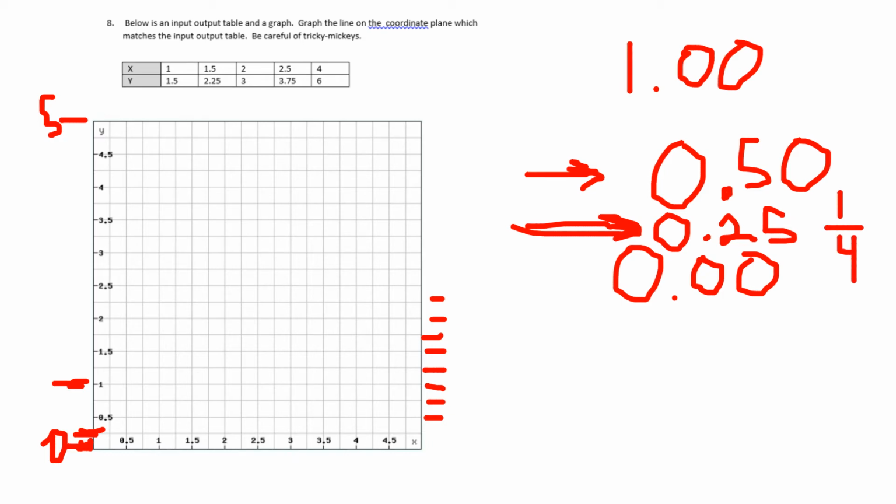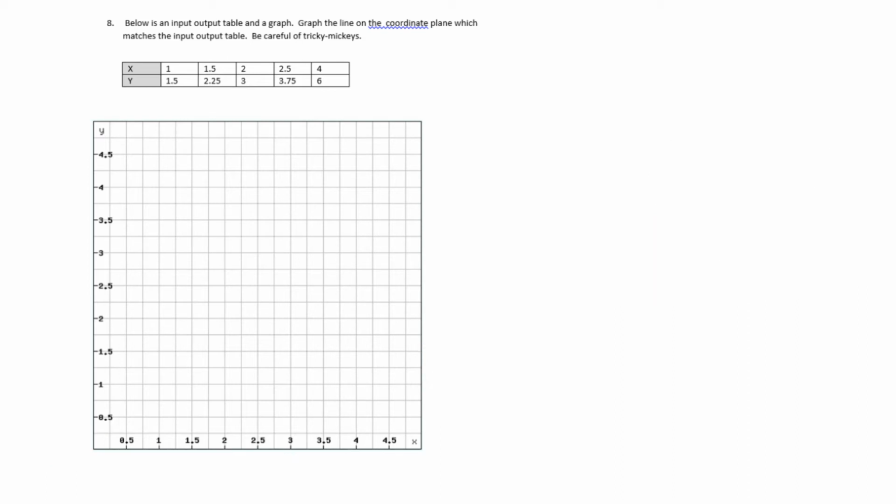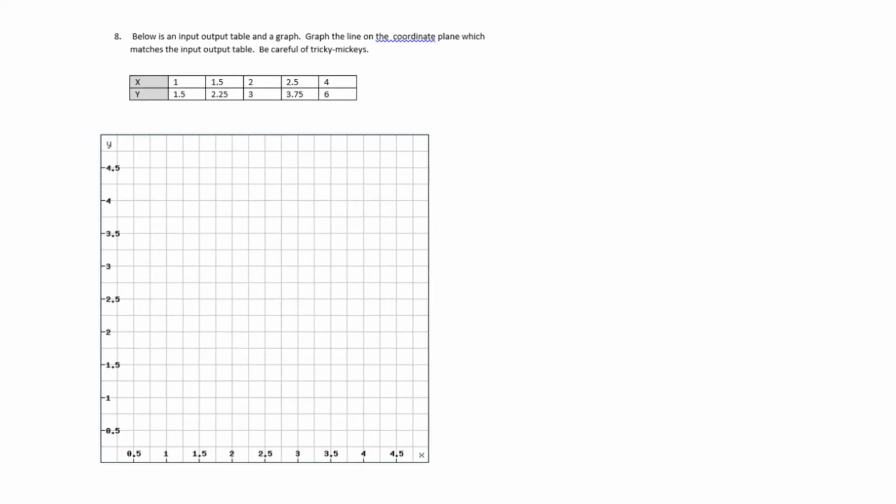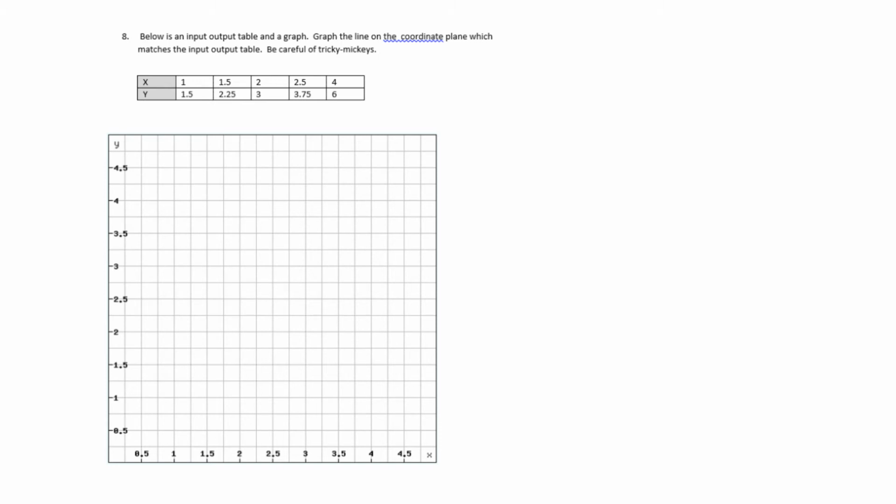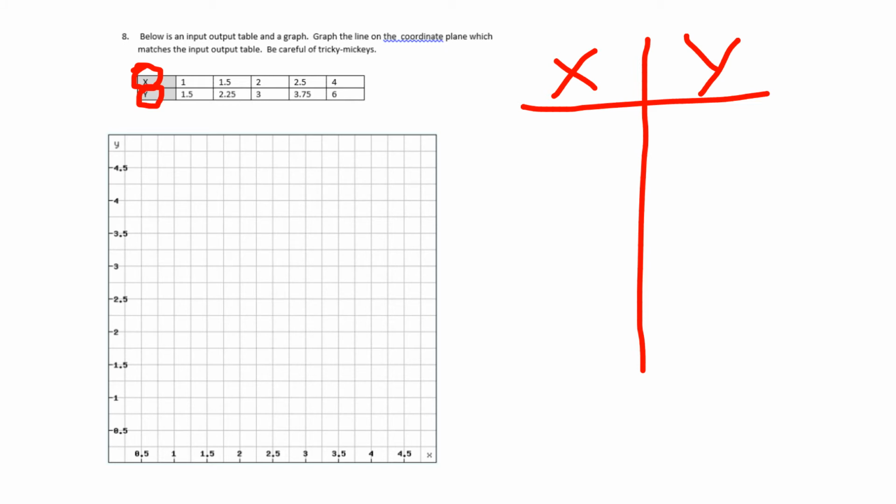That's what 0.25 is. So what we're going to do now, I'm just going to erase those marks so it's clear while we're working. Now the second tricky Mickey that you want to watch out for is you want to notice that they've drawn the grid a little bit different. What they've done is they've drawn the grid with X here and Y here. You're used to seeing it something like this, right?